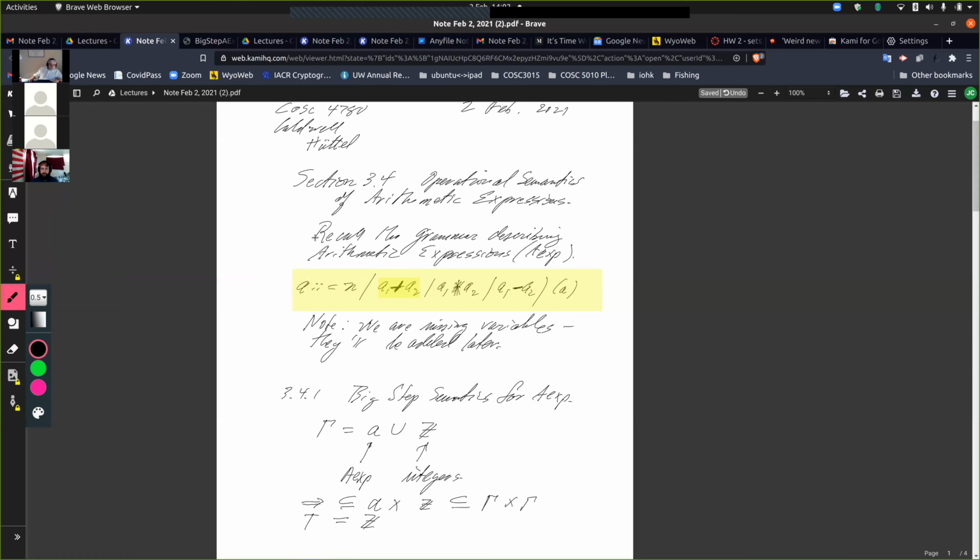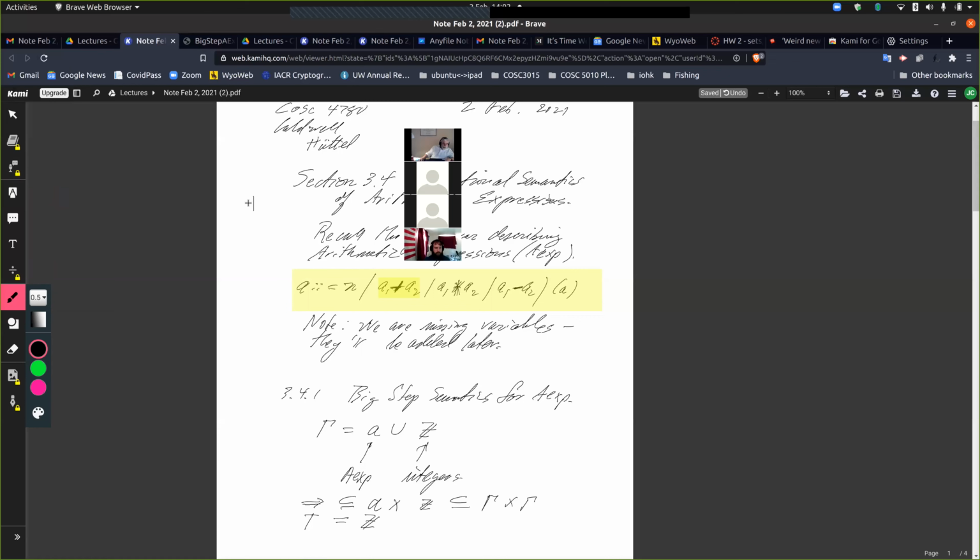I've got a plus, and then the left branch is A1, and the right branch is A2.